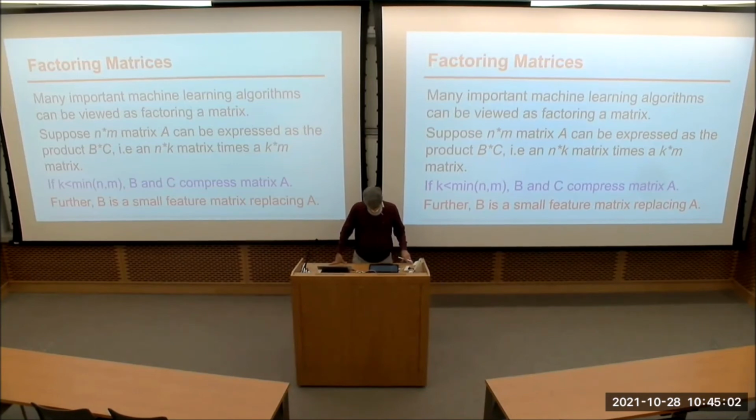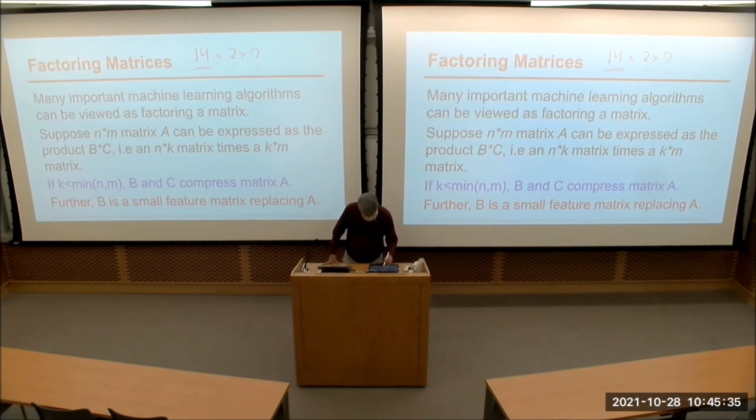Now, one operation that's very important in data science is the idea of factoring matrices. What was factoring integers? Well, how did we factor, let's say, the integer 14? Well, 14 had the property that 14 is 2 times 7. You can sometimes express an integer as the product of other integers.